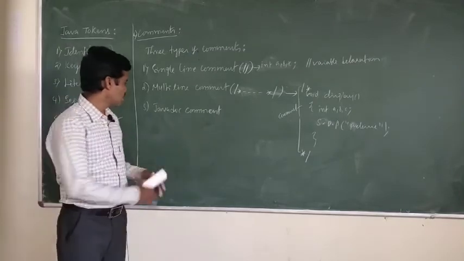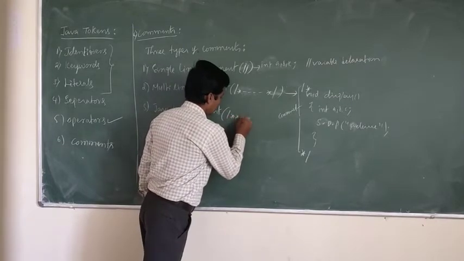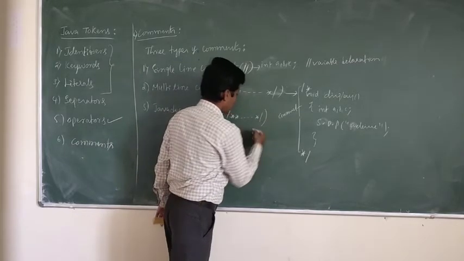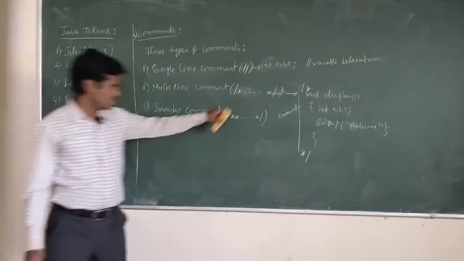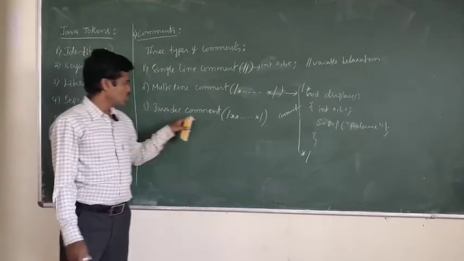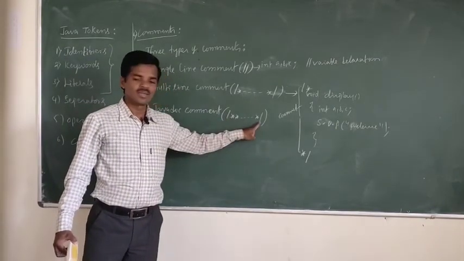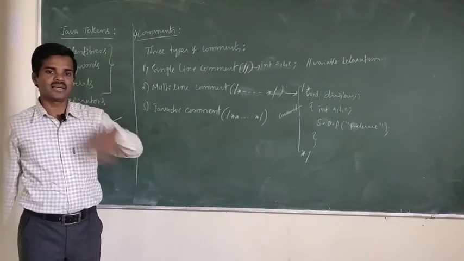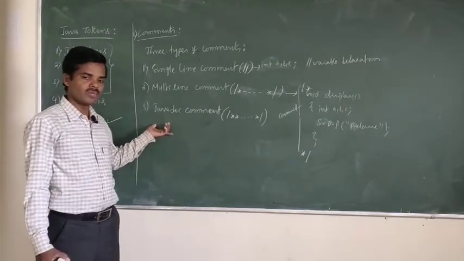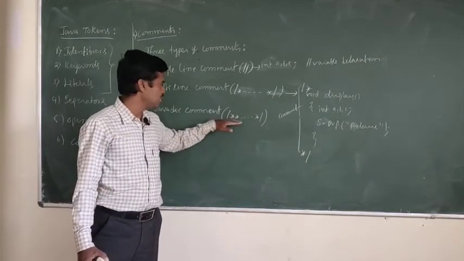If you want to put a Java doc comment, it is like this: slash double asterisk at the start, and finally a single asterisk slash at the end. Whichever code is enclosed between these symbols, the documentation is generated automatically. Javadoc will generate the documentation for your source code enclosed in these begin and end symbols.